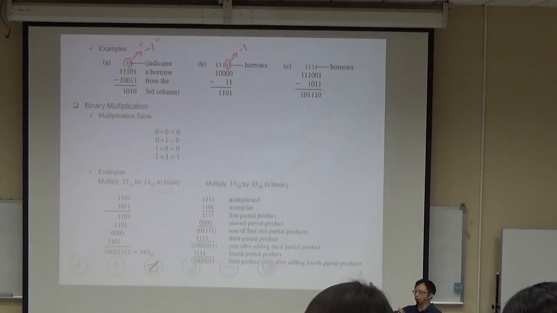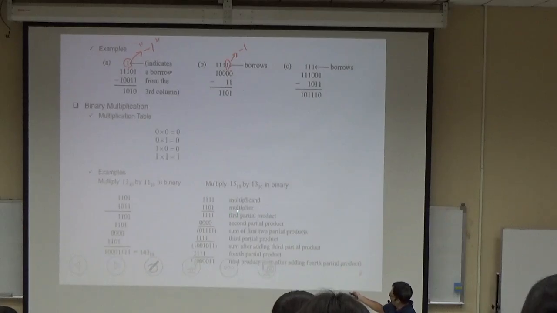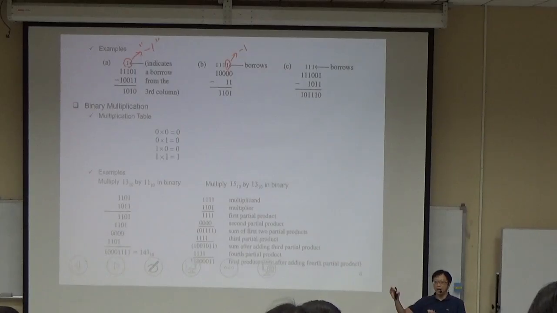We can follow any rule of the table. So we have to perform it this way. This will obtain the first partial product, and will obtain the second partial product. We have to perform addition first. To avoid the case I just mentioned, where there are too many ones, and we can follow it.